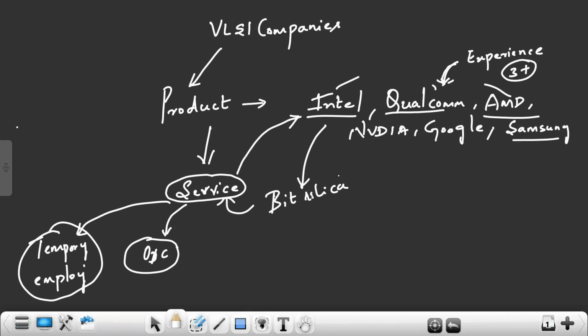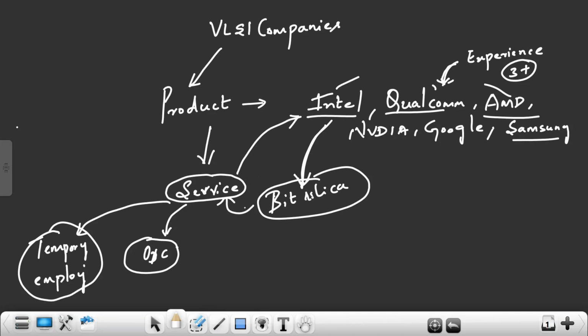Everything should be well built inside, and there should be some good measures followed by the companies. Good measures means the employees should be given a good package, benefits like health insurance, and parents should be insured. All the protocols should be followed. Only those companies are called service-based companies. From those companies only, the product-based companies will take.